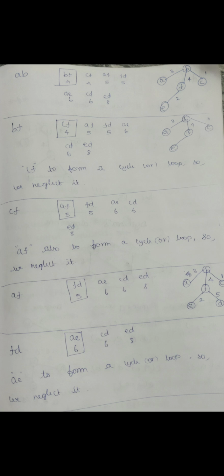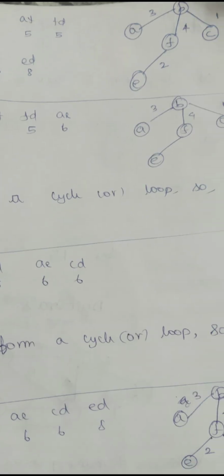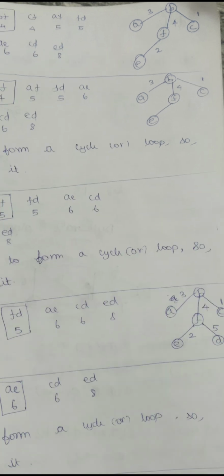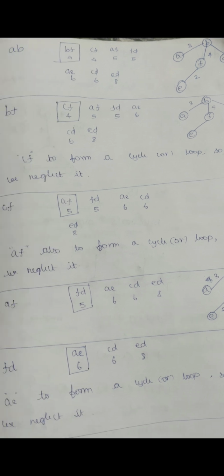After that, CF has weight 4. So we draw the tree, B, F, C. Looking at the tree, if I draw C to F, it contains a loop. We already saw in Kruskal algorithm that it must not contain any loop, so C and F form a cycle, so we neglect it.